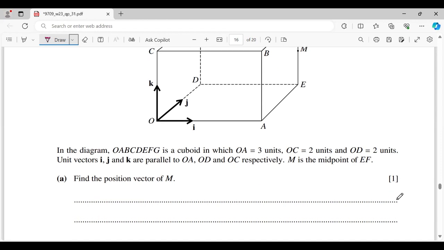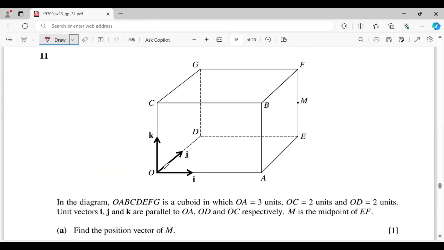Okay, so OM. If I draw on this figure, OM is this straight line.